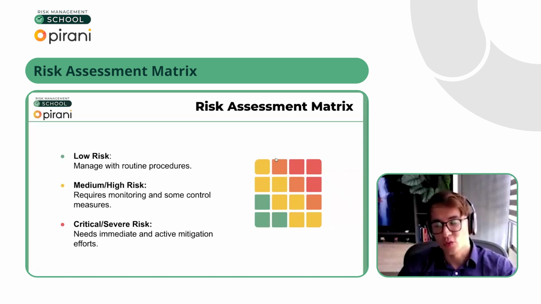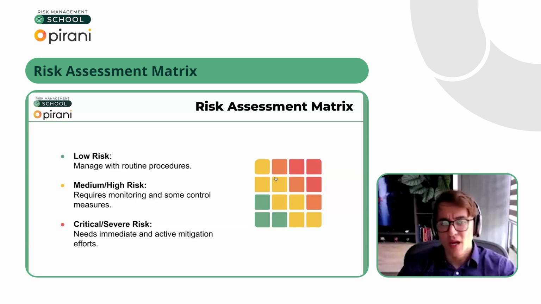is the risk level or risk grades that are basically the colors. So here we have 4 grades: the green, the yellow, the orange, and the red. So the low risks are in the green area, for example. The idea is to manage with routine procedures.